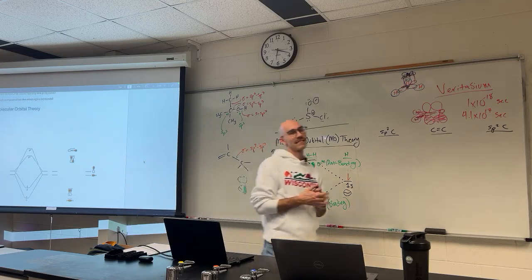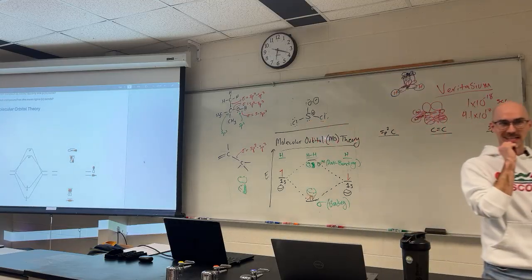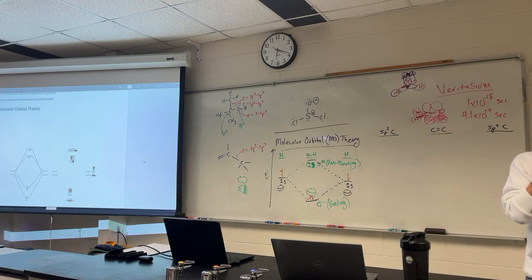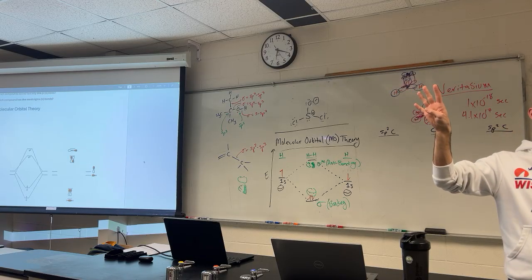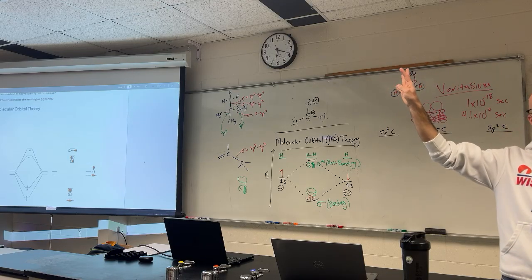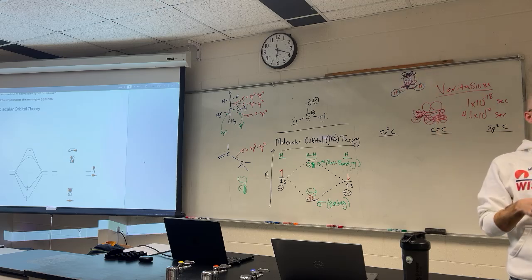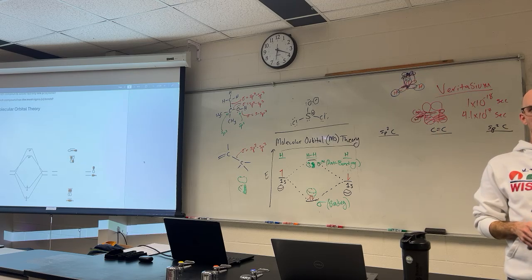No, it's not 4 sigma bonds. It started with 4 orbitals. It ended with 4 orbitals. It started with s, px, py, pz. What are the 4 orbitals it ends up with?